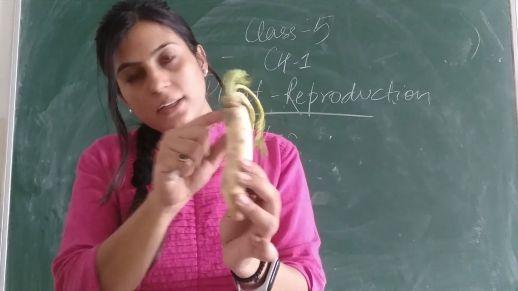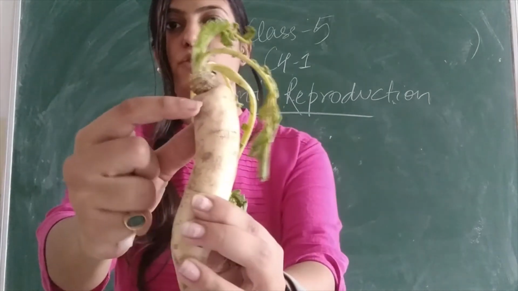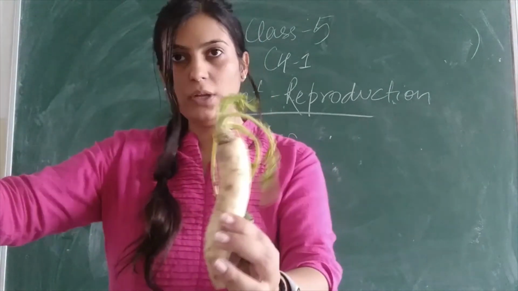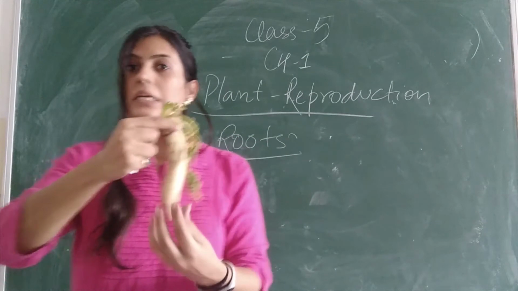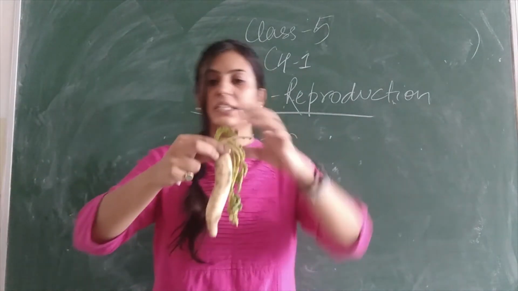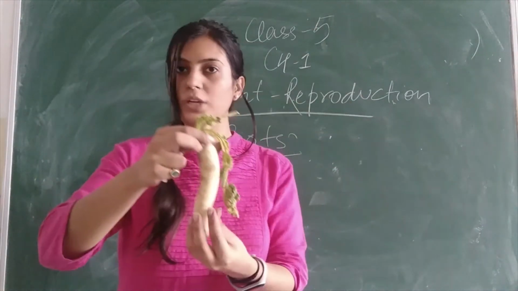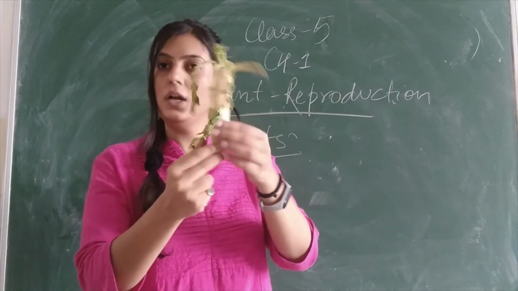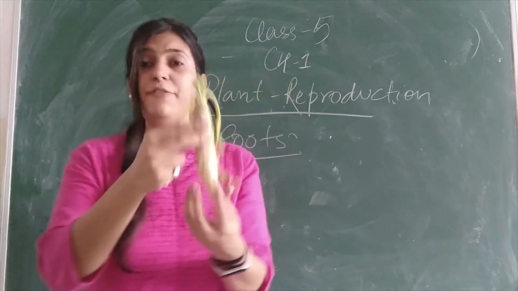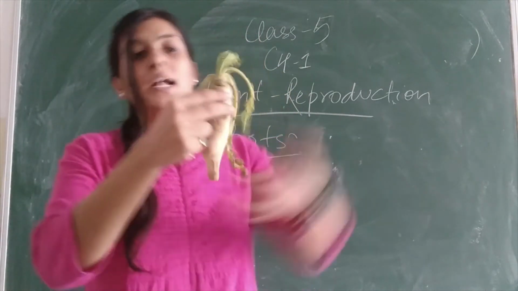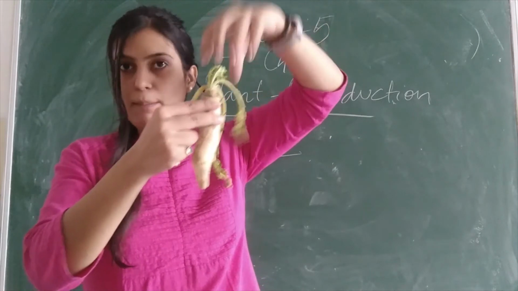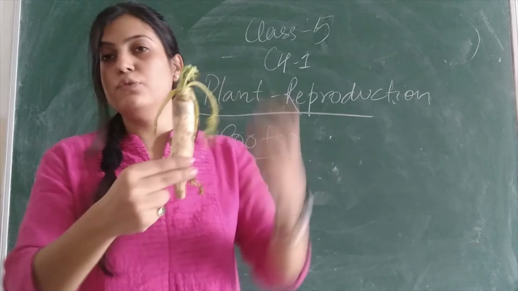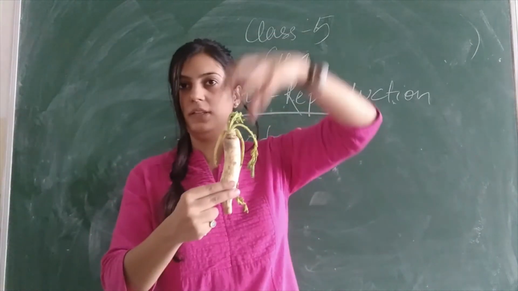If you cut the above part of the radish and grow it into the soil, you will see after 2 or 3 days, this plant will start growing. That's how plants reproduce through the roots, right? After some time, the plant will start growing from above also and from below also. Radish will start growing.